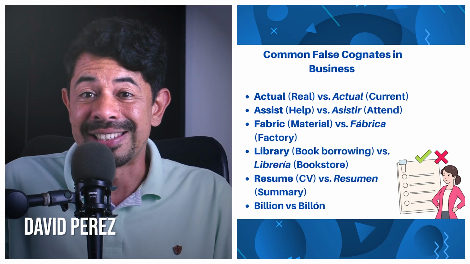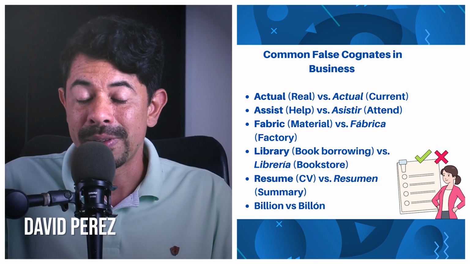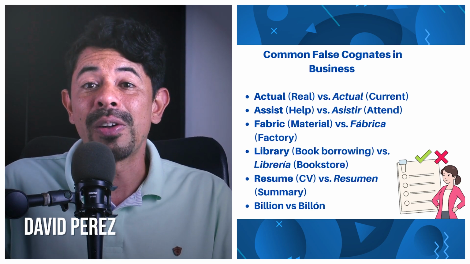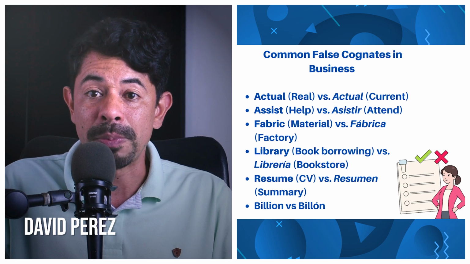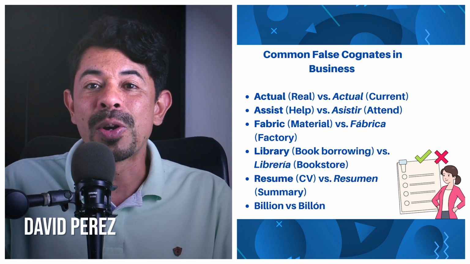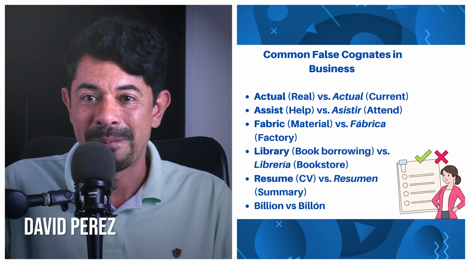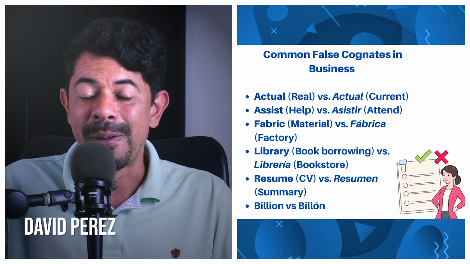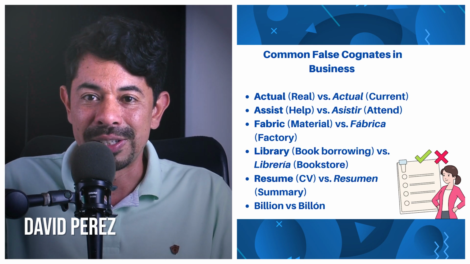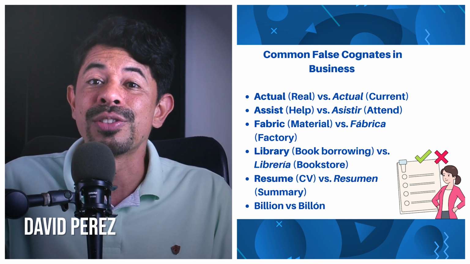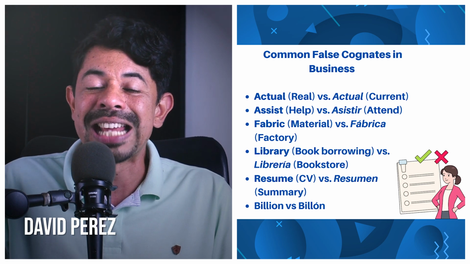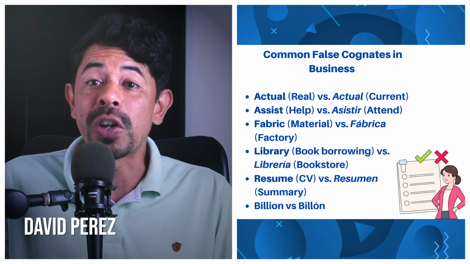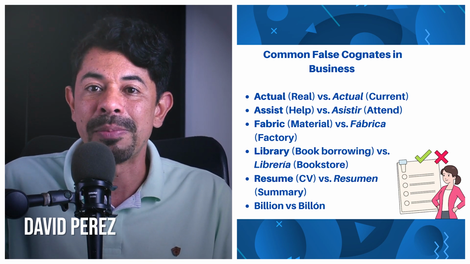Versus asistir means to attend, as in attending a meeting or attending an appointment. So it is common that native Spanish speakers will say, I am going to assist a meeting, meaning they are going to attend a meeting. So, as you can notice, it is easy to get confused because the words look and sound so similar in both languages that you think unconsciously that they are the same thing.